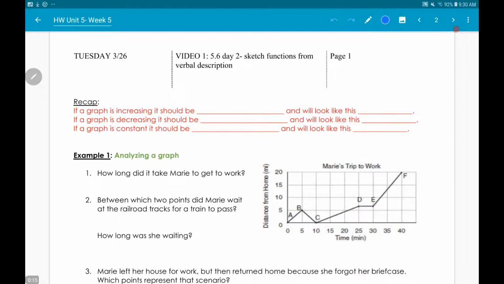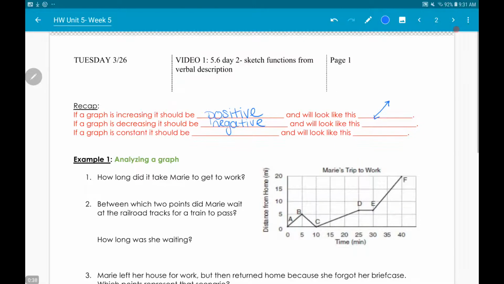So let's recap. If a graph is increasing, it should be positive, and it will look like this. If a graph is decreasing, it should be negative, and it will look like this.